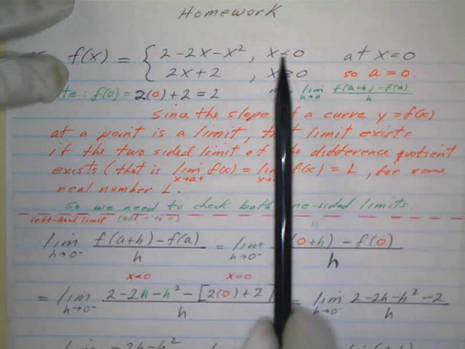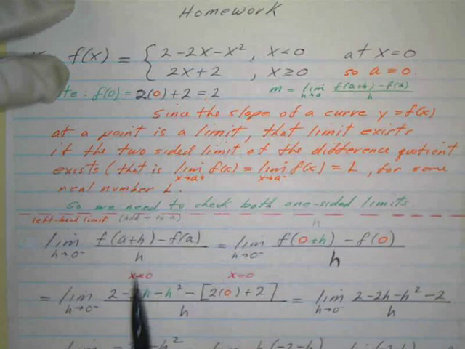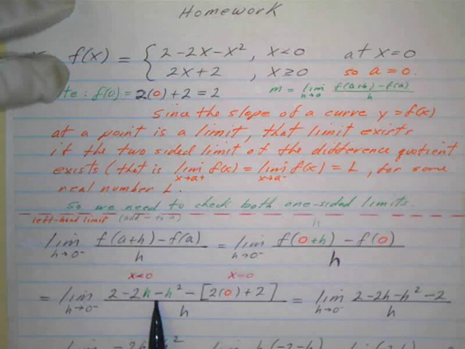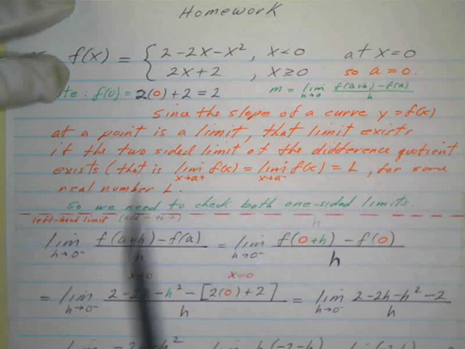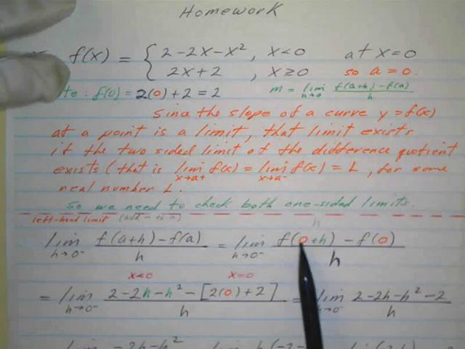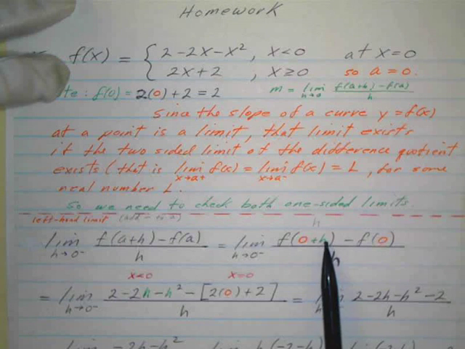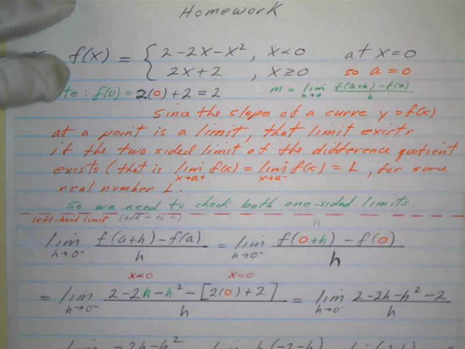So I'm going to be using this part of the function for a plus h here, that's going to be this function, 2 minus 2x minus x squared. Now remember, what's 0 plus h? 0 plus h is just h, so that's easy to substitute in.